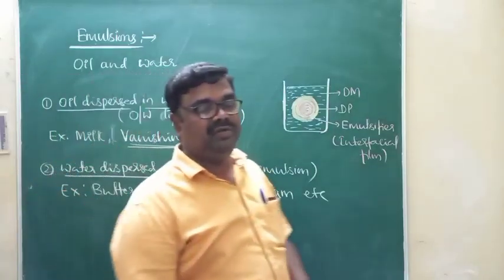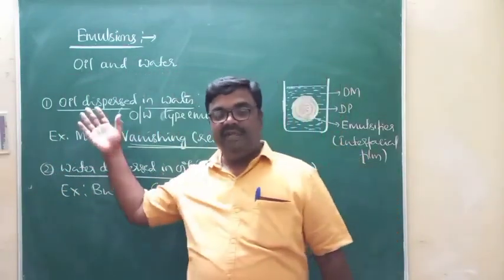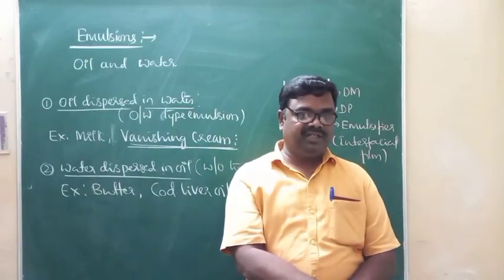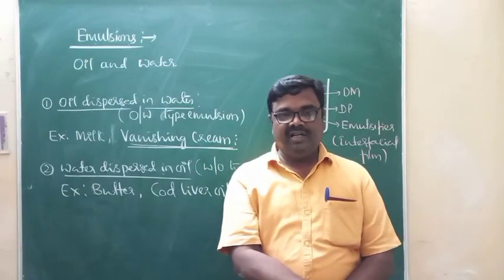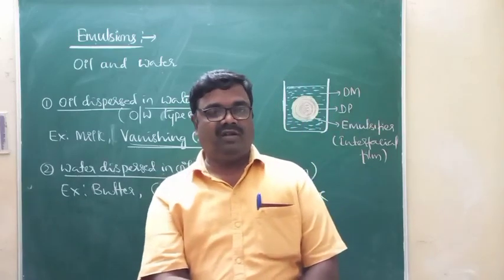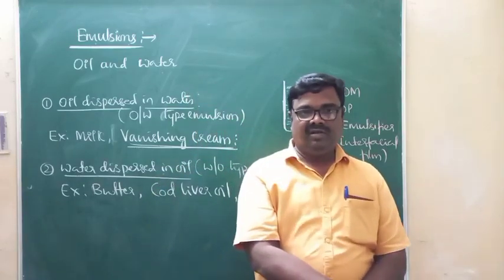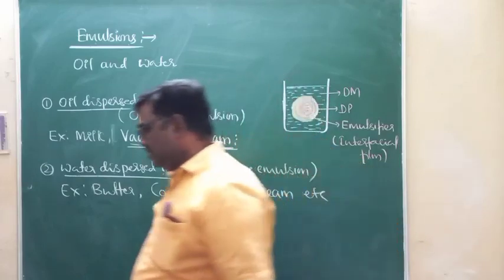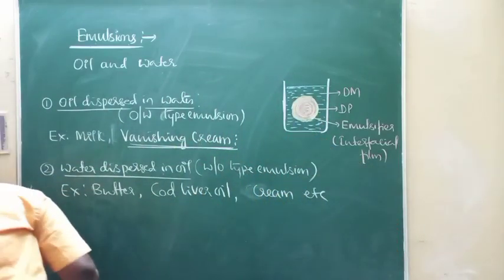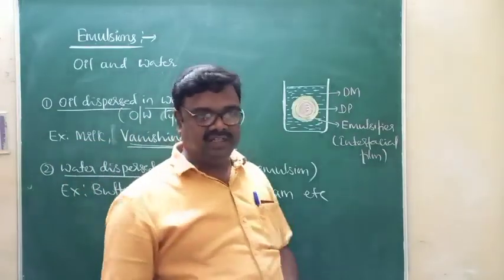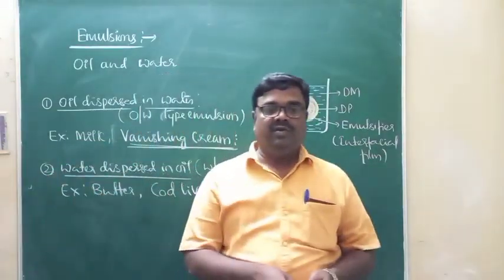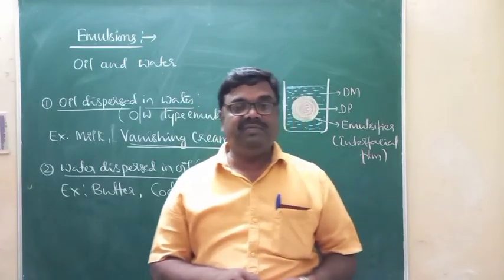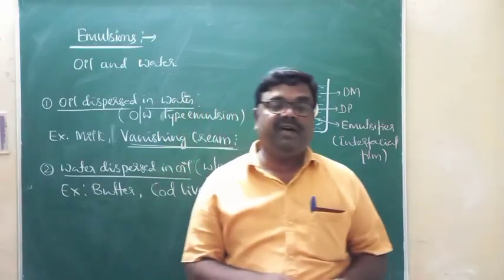So this is what we call the types of emulsions, and of course examples of the different types of emulsions. As I said, emulsions prepared by mixing oil and water are unstable because oil does not mix with water easily. Therefore, in order to stabilize these emulsions, we can make use of certain chemical substances called emulsifiers, or emulsifying agents.